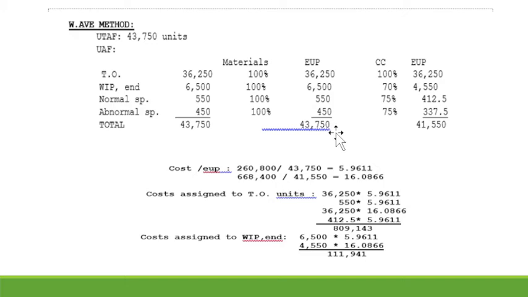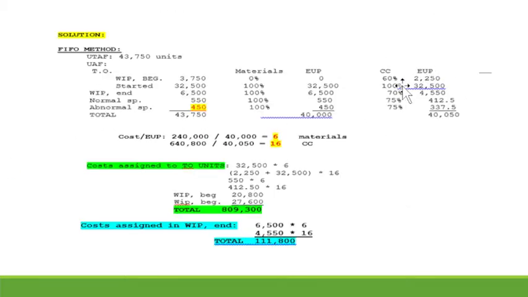Next, your conversion cost. Dito sa transferred out, ilan effort ang gagawin natin? 100% pa rin. So, WIP ending, 70% at sa normal and abnormal, 75% parehas. Same explanation dito. Diba? 170, 75, 75. Okay? Conversion cost.